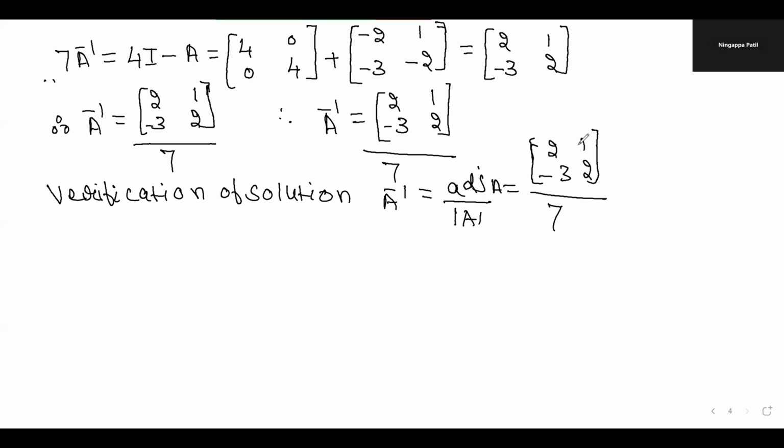And here minus 1 is there in A, it becomes a plus. And plus 3 is there, it becomes minus, changing the sign of the secondary diagonal. That is adjoint A. You have got it. And divided by the determinant 7, already you have found out 7. Look here, both are same. In this way, you have to do them.